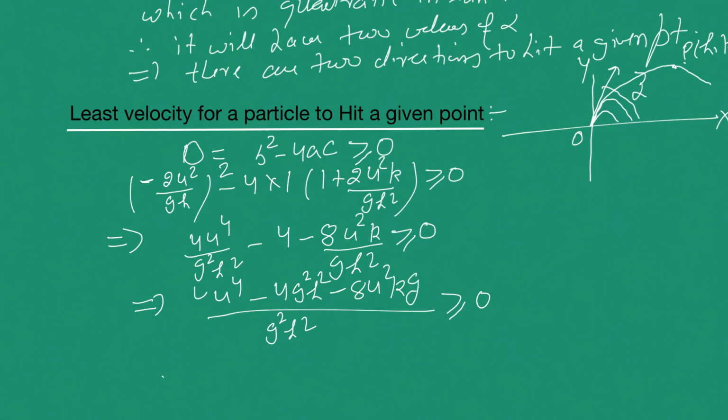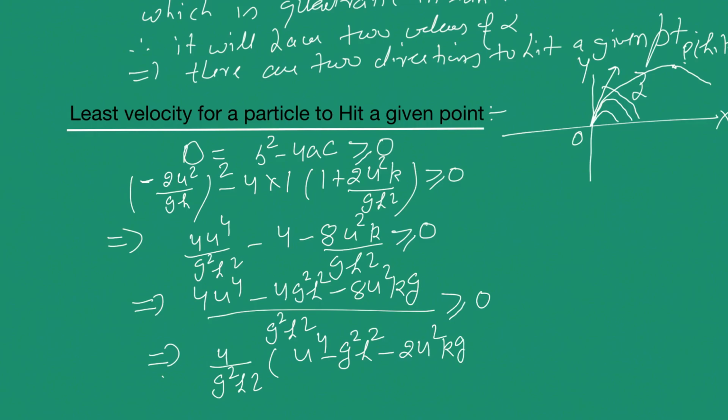And here is also 4, which can be written as g square h square. This is u^4 minus g square h square minus 2u square kg, which should be greater than or equal to 0.